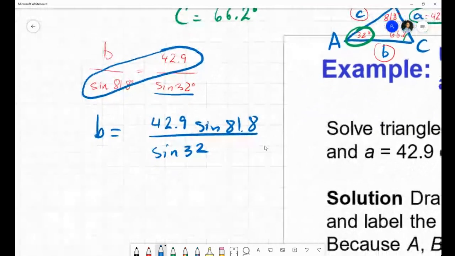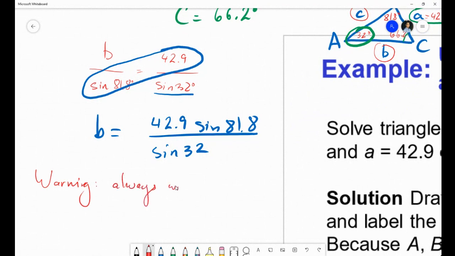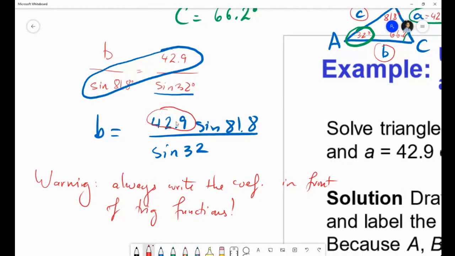Now be careful when you use your calculator. Okay, warning. You always write the coefficient in front of trig functions. What I mean is this number right here, you need to write that in front of sine, and not sine of 81.8 times 42.9.